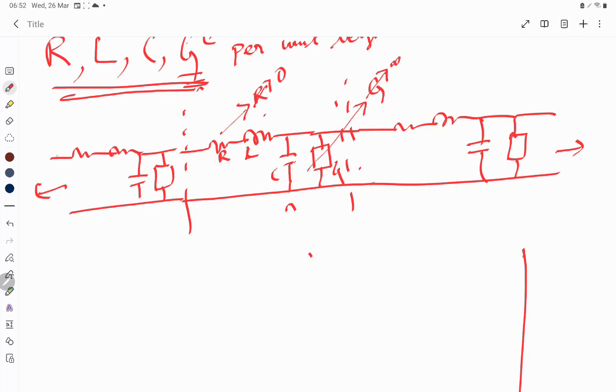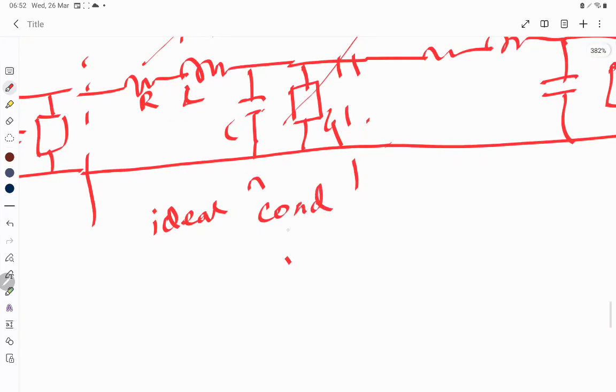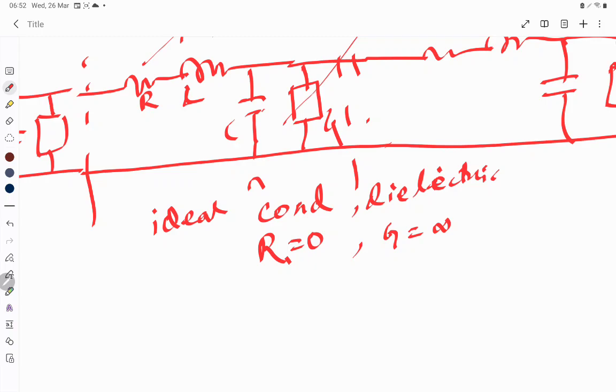Now, if we take the case of an ideal conductor and dielectric, then your resistance per unit length equals 0, and your conductance per unit length is also infinity, because you have a perfect insulator.